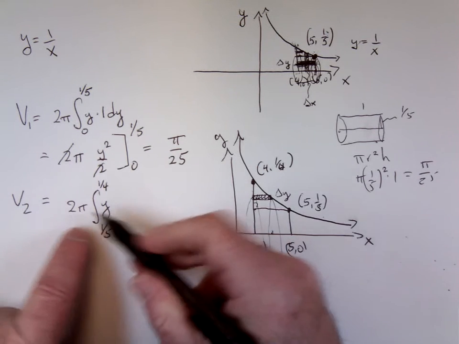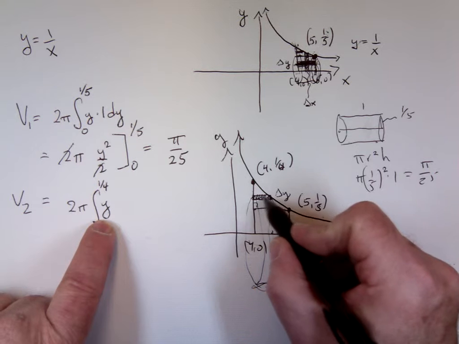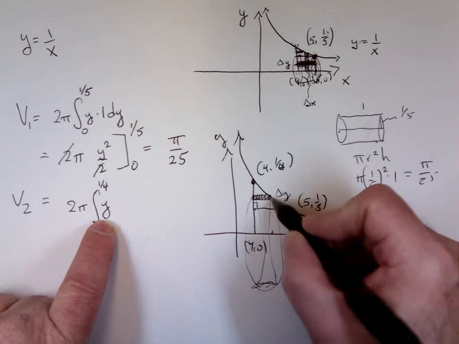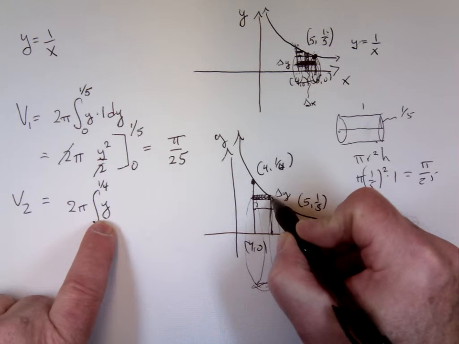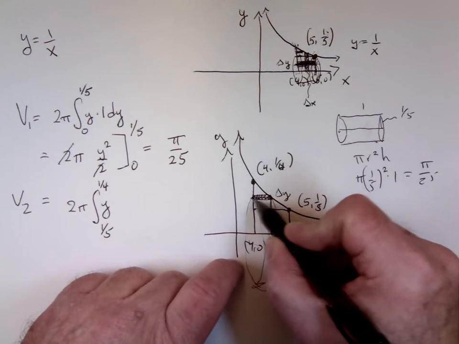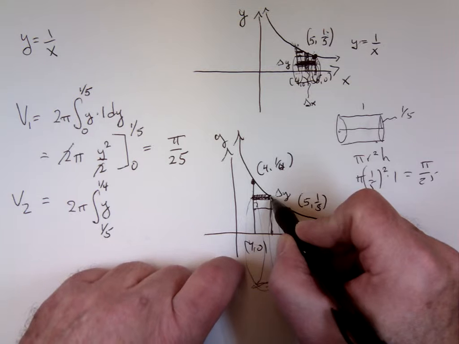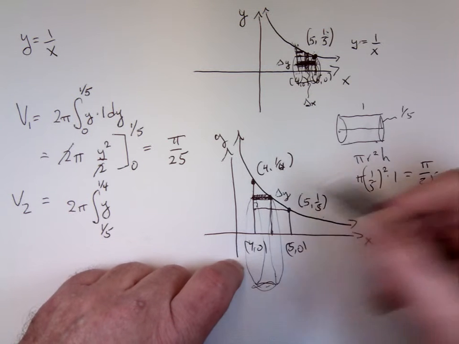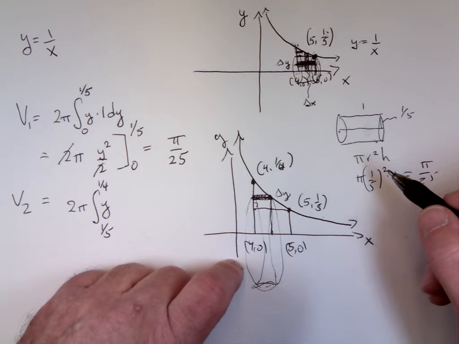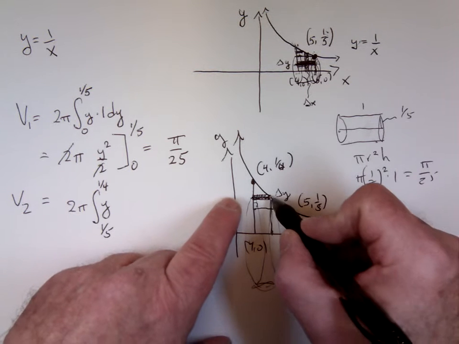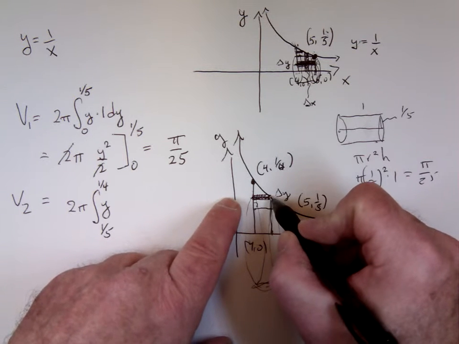2 pi r, this here, h. What is this length equal to? This is the tricky part right here. What is this length right here? This is the length of this rectangle. It's equal to what? X minus delta x?